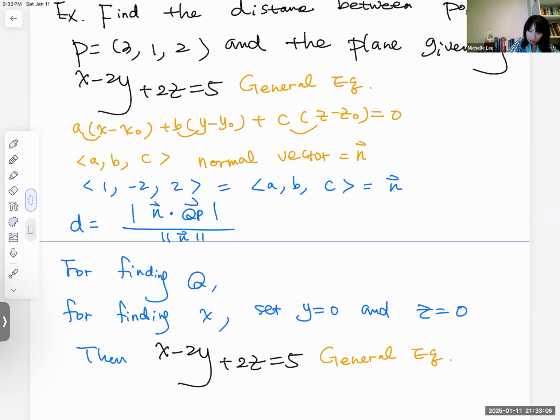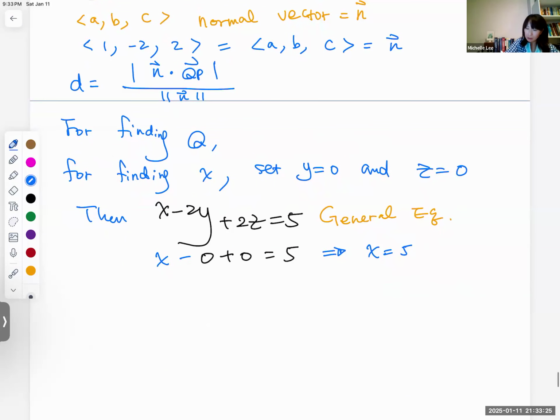Then x minus 0 plus 0 equal to 5. Then x equal to 5, right? Then Q will be 5, 0, 0. We can set it up as anything, right?